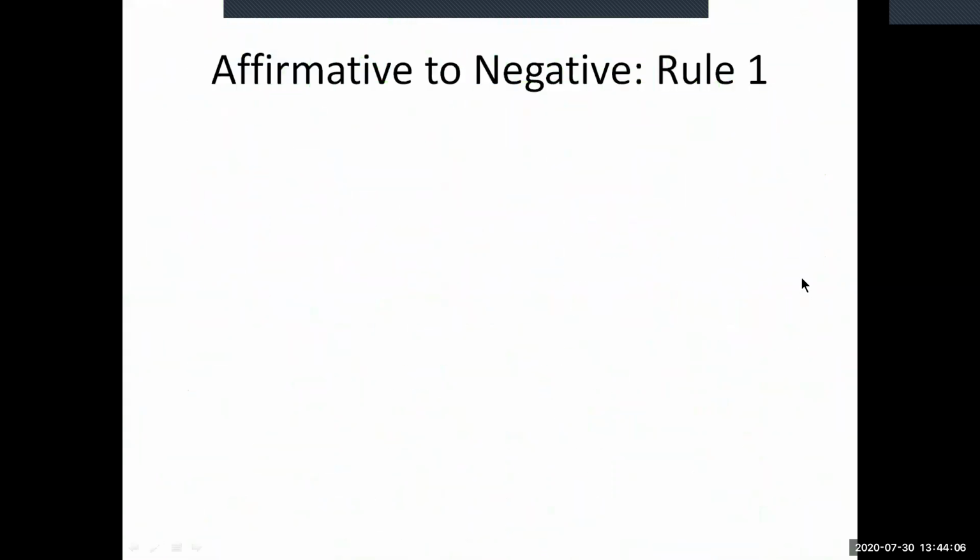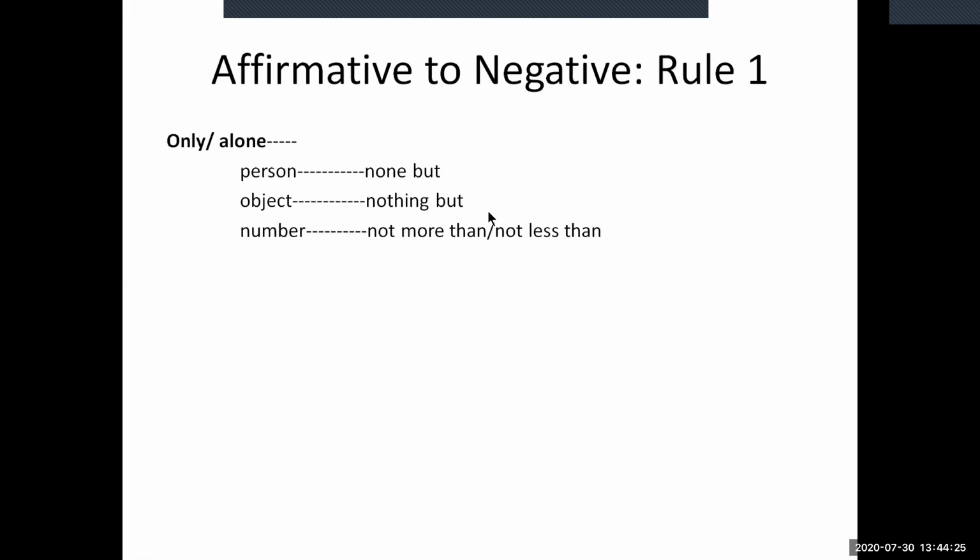The first one, rule one, states that if there is only or alone in a sentence, then we make the sentence negative by using none but. If only or alone refers to a person, we use nothing but. If only or alone refers to object. And finally, not more than or not less than if only or alone refers to number.